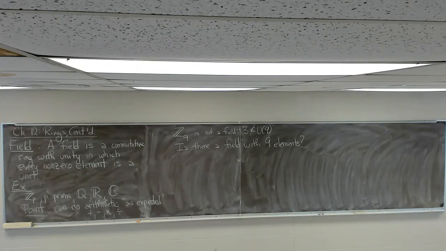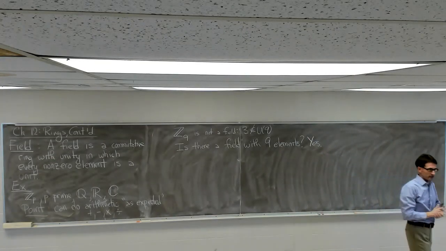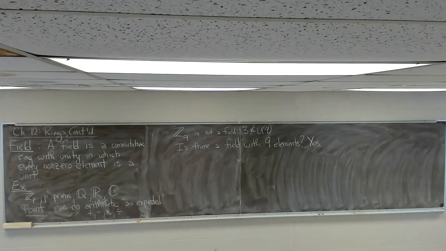In other words, a setting again in which you can do arithmetic as expected. The answer to this question is yes. In general, for fields that have a finite number of elements, you can always do this, and you can do this only when the number of elements is a power of a prime. Notice that 9 is a power of the prime 3, it's 3 squared.